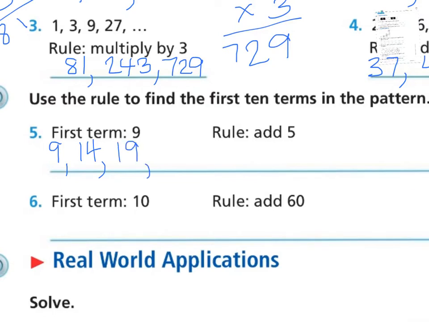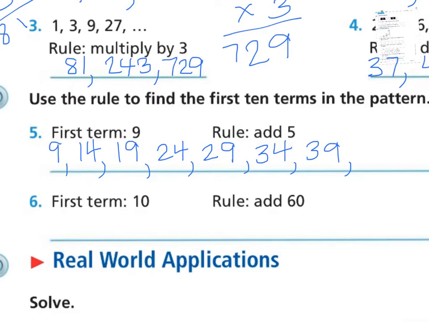Add 5 more, 24. Add 5 more, 29. Add 5 more, 34. Add 5 more, 39. Are we at 10 terms yet? 1, 2, 3, 4, 5, 6, 7. Nope. We gotta do a couple more.